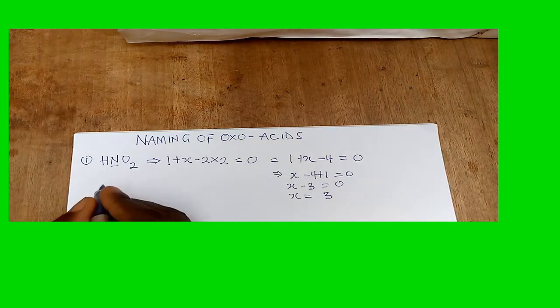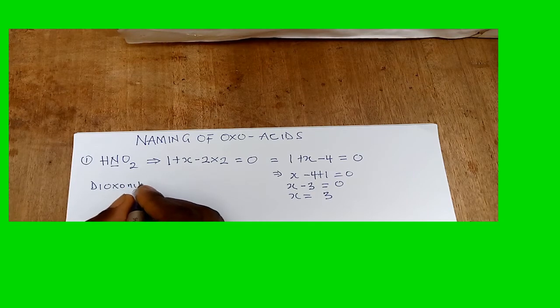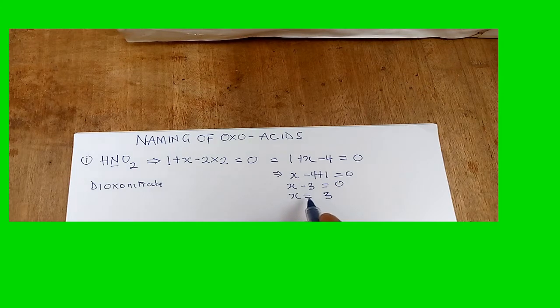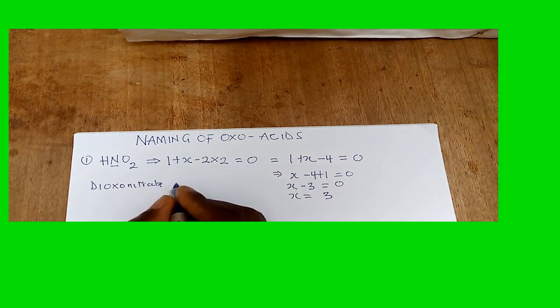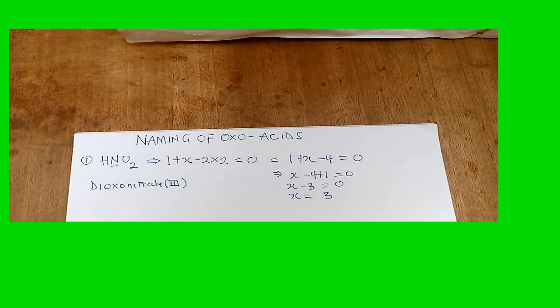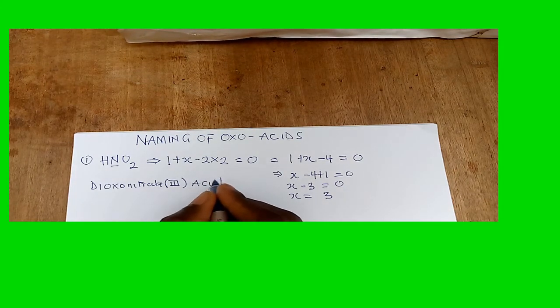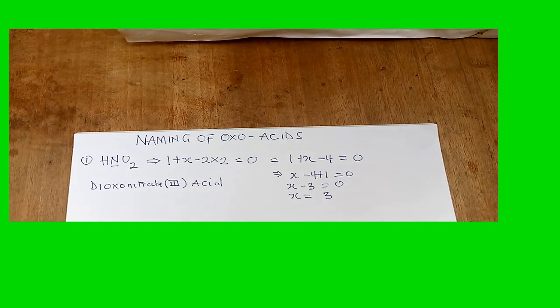So the name now becomes diazonitrate. Then you bring the oxidation number, which is 3, and put it in a bracket like this, then acid. So now the name of this compound is diazonitrate(III) acid.